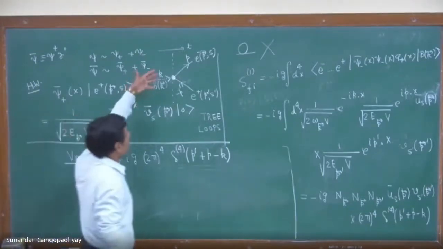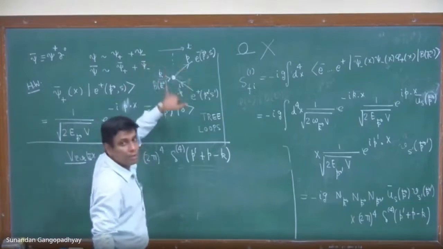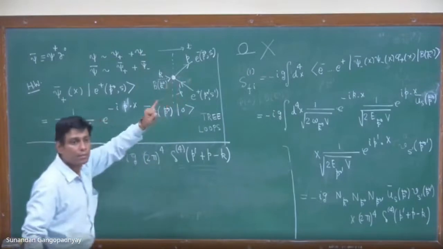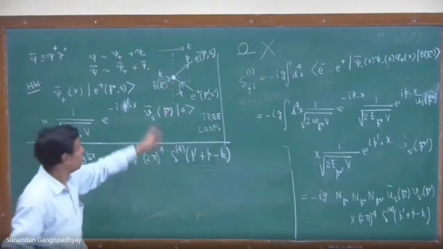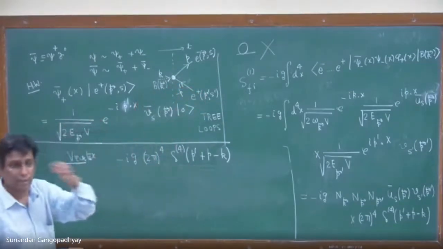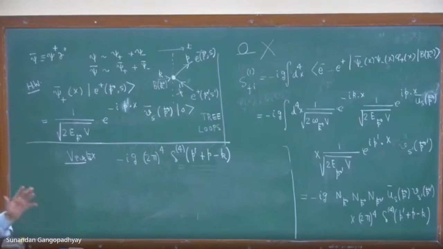And look at the anatomy of this. How many vertices are there? 1. How many external lines are there? 3. 3, not 2. So this one is also an external line. There are no internal lines, no propagators, but there are external lines.